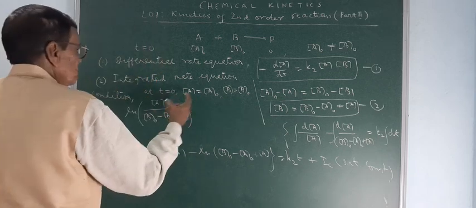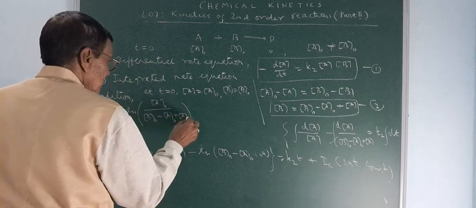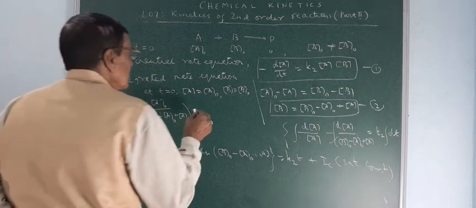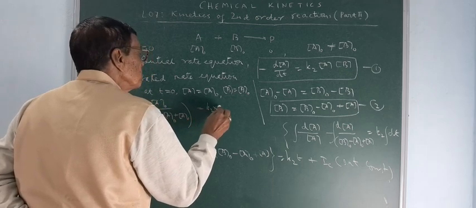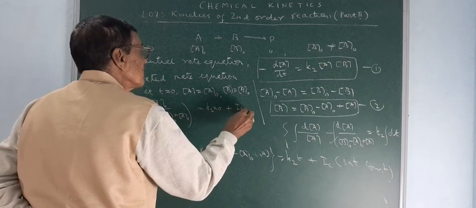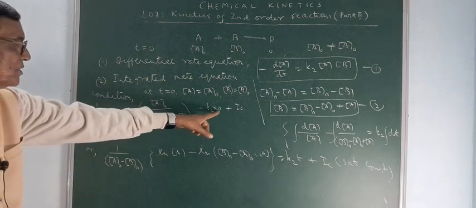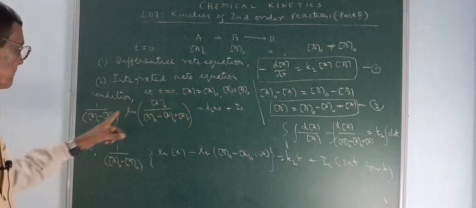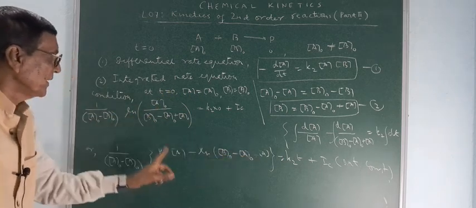When t equal to 0, A equal to A naught, and this is also A naught, equal to K2 into 0 plus IC. When t equal to 0, this A will be A naught and this A will be A naught.